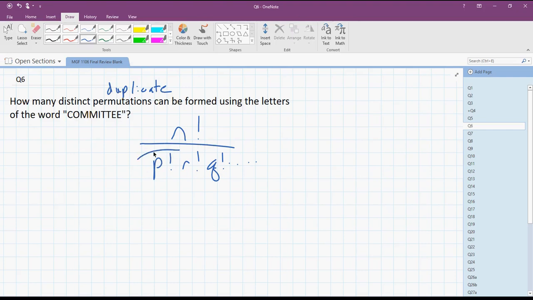Remember all these guys down here on the bottom, these are the duplicates. The stuff that repeats in the problem. So you can't just run NPR on this, it won't work. So the first things first, what's your n?